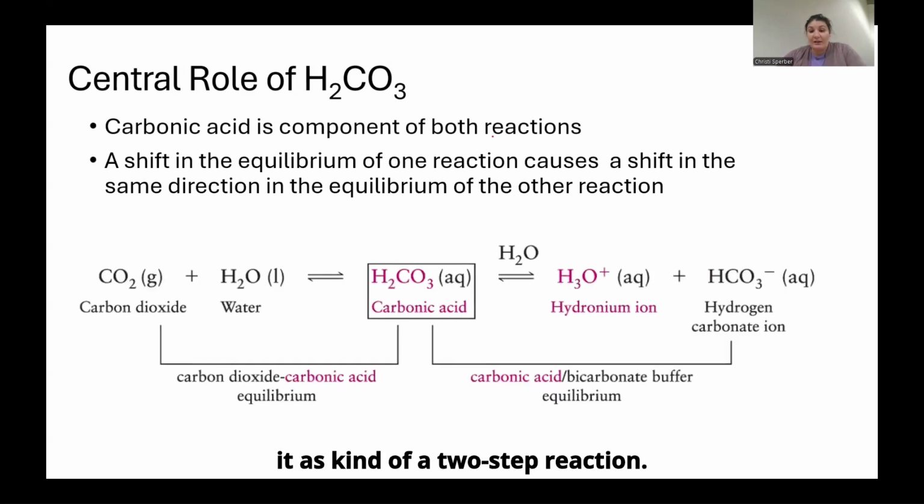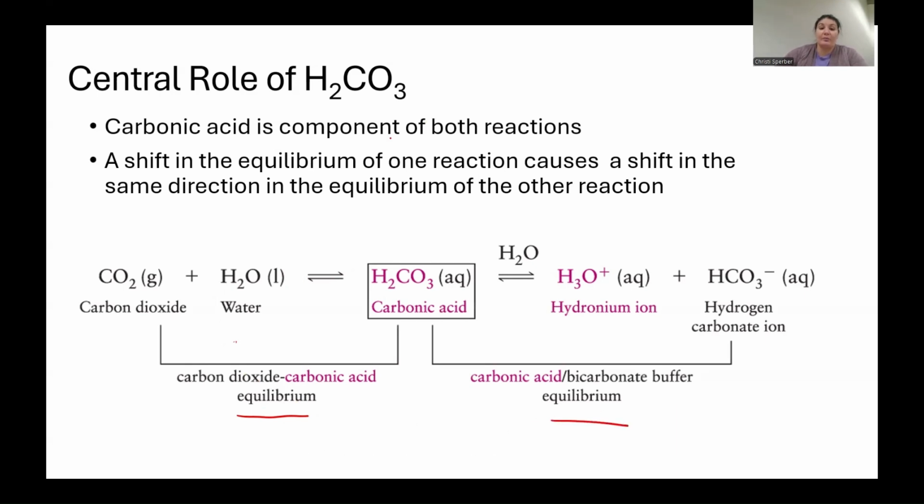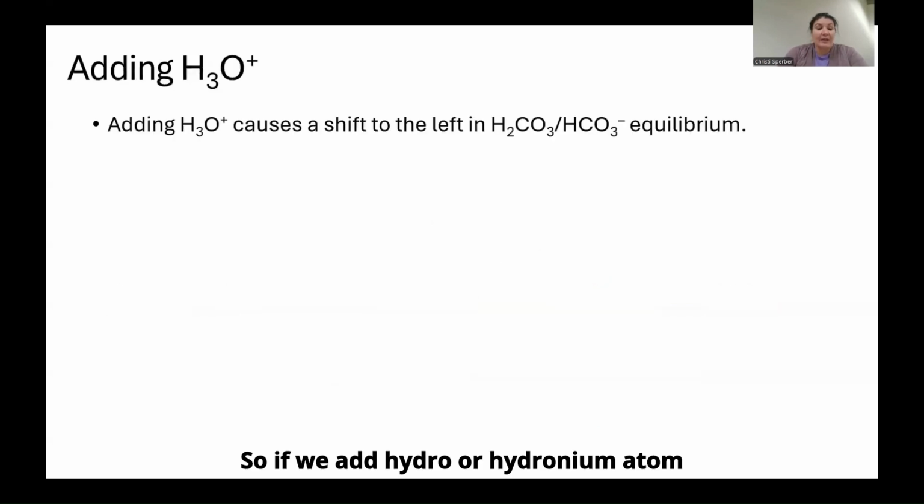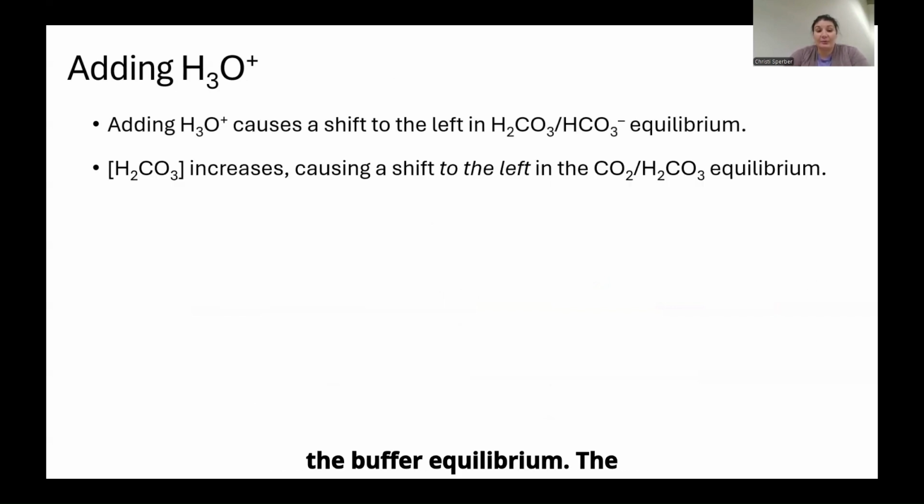So we can write it as kind of a two-step reaction. We have a carbon dioxide-carbonic acid equilibrium, and then we have the carbonic acid-bicarbonate buffer equilibrium. So if we add hydronium ions, it causes a shift to the left in the buffer equilibrium.